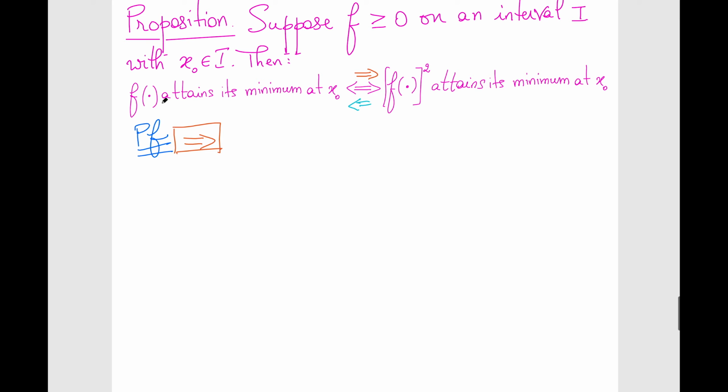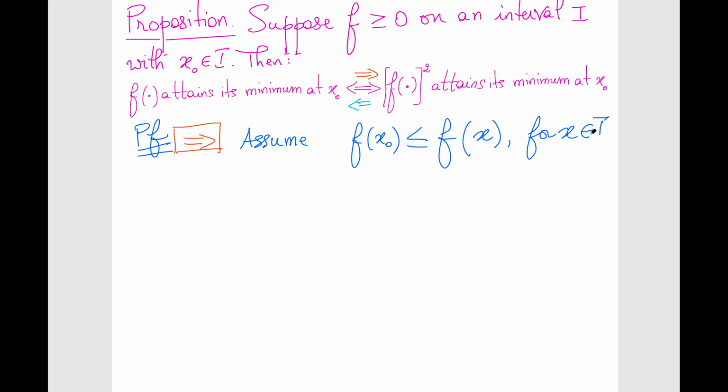Okay, what does it mean that f is attaining its minimum at x naught? This means that, so we're gonna assume that f of x naught is less than or equal to f of any other x coming from I, right?